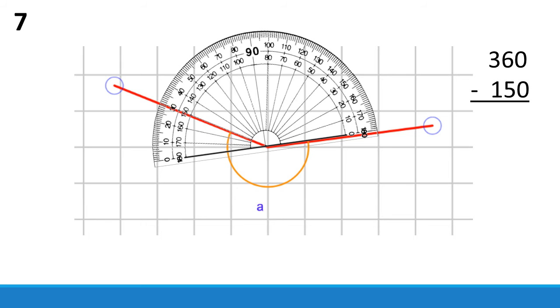Now the 0 is here and reading round it is 150 degrees. So we're going to do 360, take away 150 to get 210. It's a reflex angle right around the edge, 210 degrees.